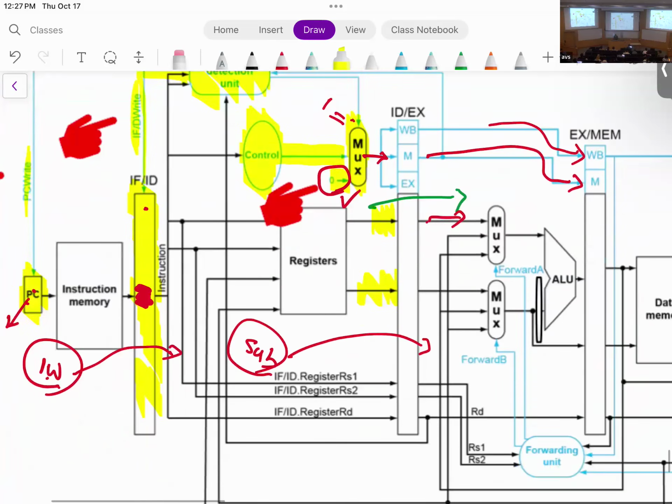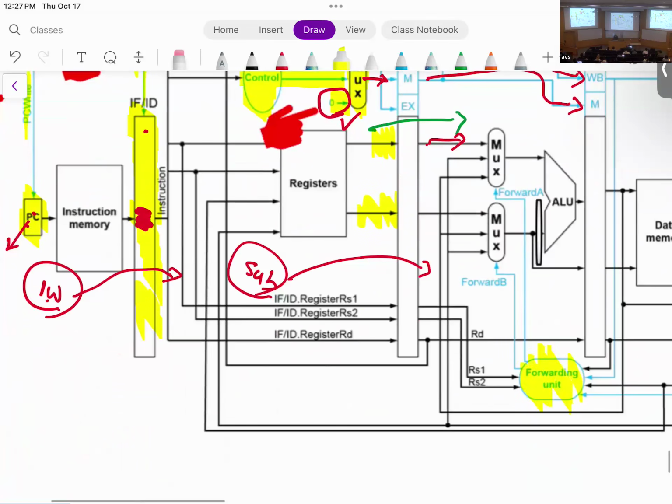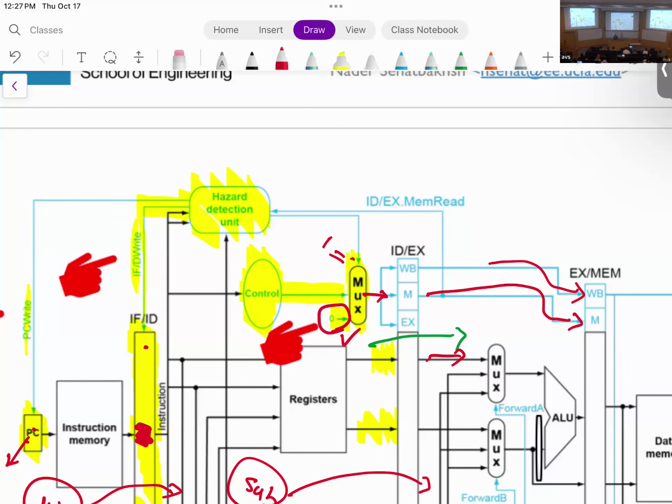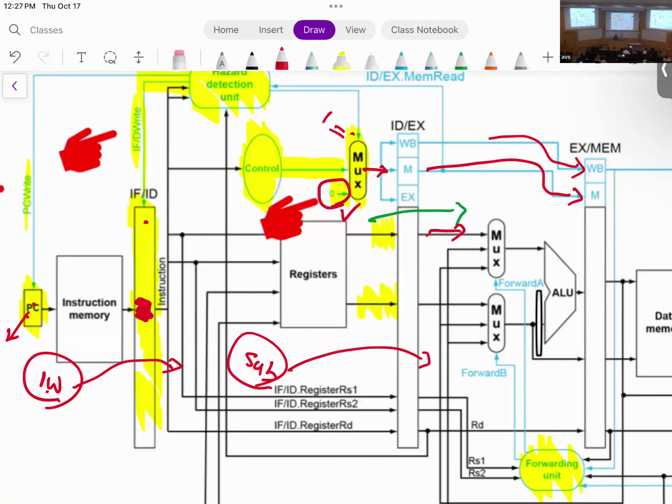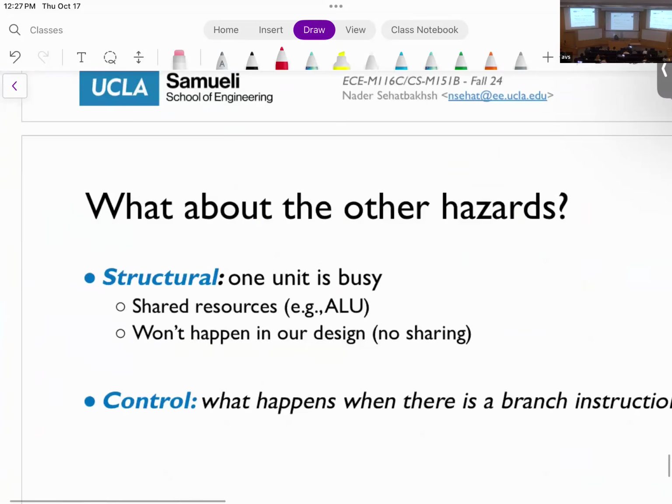If I didn't have the forwarding, my hazard detection unit should have stalled every single RAW data hazard, right? And it has to stall it for 2 cycles. But now that I have forwarding, I only need to stall the processor if I have the load use hazard. And I only need to stall it for 1 cycle, okay? So that's kind of putting things together.